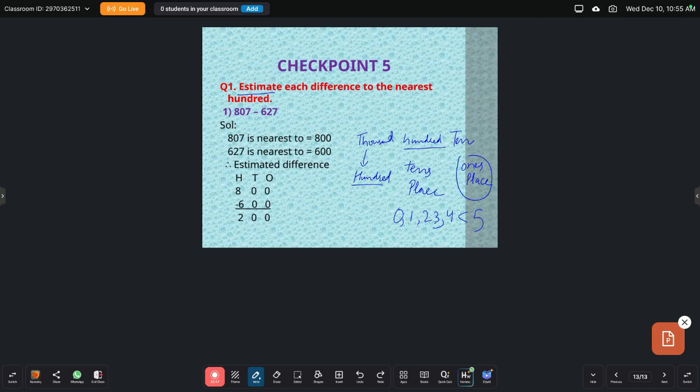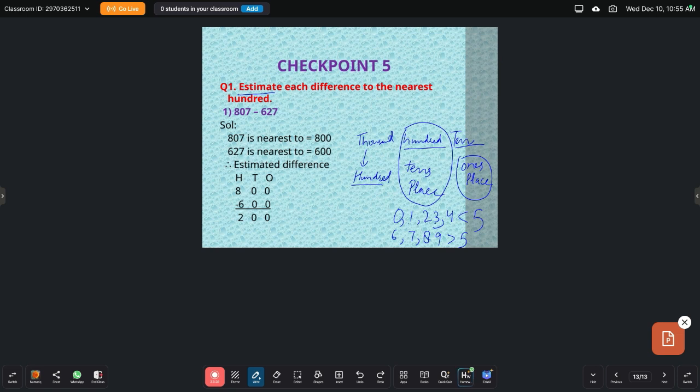If at the ones digit, talking about the nearest 10, the digit at ones place is less than 5, that means you have to round the number to the same 10. But if the digit at ones place is greater than 5, for example 6, 7, 8 and 9, then we need to round the number to the next 10. Understood?